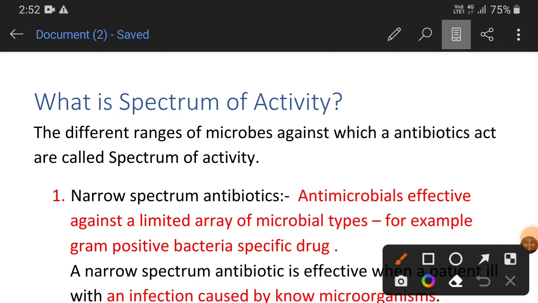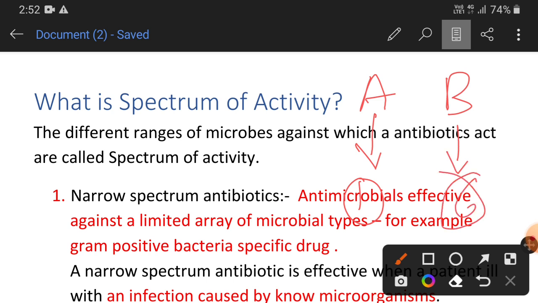So let's consider A is a kind of antibiotic and B is another kind of antibiotic. A is specifically effective against, let's say, one type of bacteria only. That means A is effective against one type of bacteria and B is effective against, let's say, 6 different types of bacteria.